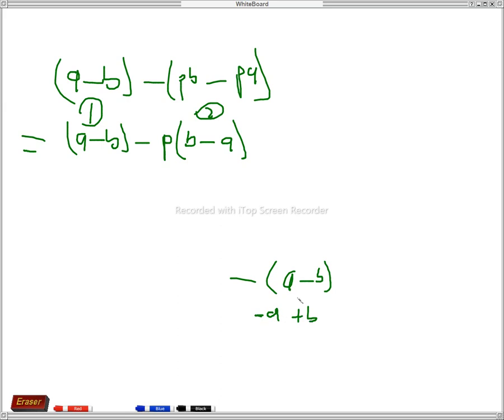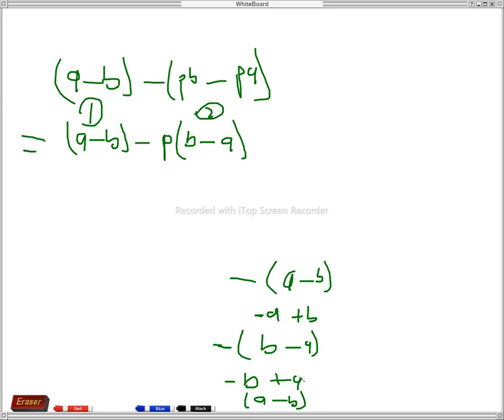Understand? So I can simply write it as b minus a, and I introduce a negative there. Let's see if I did the correct thing: negative multiplied by that is going to be negative b plus a, and then I can simply write it as a minus b.